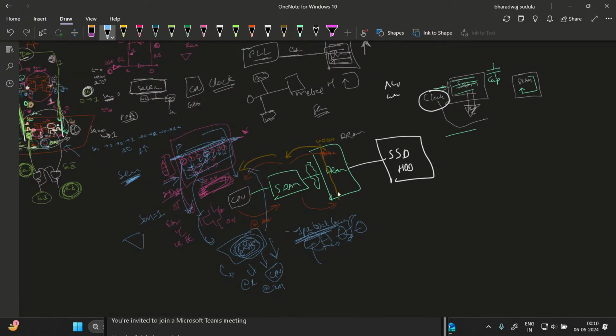If you study DRAM and then virtual memory, actually in cache memory itself he explains what is miss rate and what is hit rate.